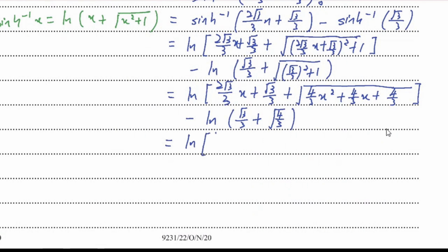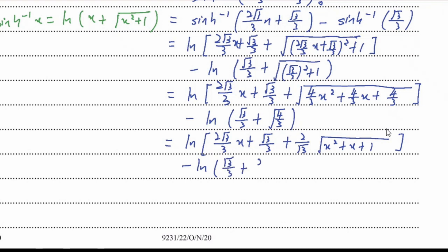So this is ln of 2√3/3 x plus √3/3 plus, when we factorize the 4/3 out, we get 2/√3 of this whole thing, x squared plus x plus 1, minus the ln of, for this one, we're actually getting √3/3 plus 2/√3 there.